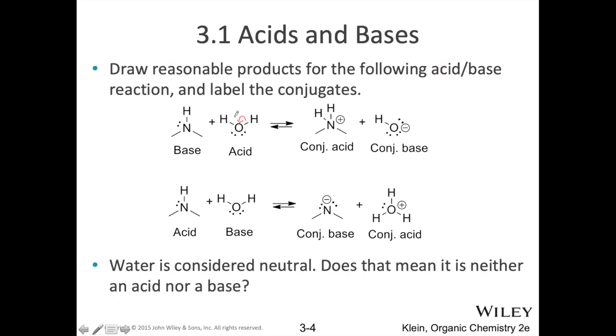Likewise, that hydrogen ion will wind up going to this nitrogen. Now, how does that nitrogen pick up that hydrogen? Well, it forms that bond because a lone pair on the nitrogen will donate to that. Okay, and so that's where that nitrogen-hydrogen bond forms. And notice that that lone pair is missing because that lone pair went into forming that bond.